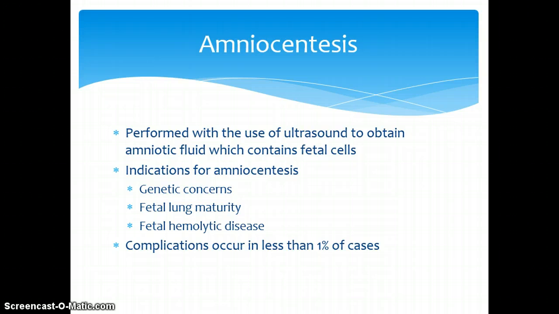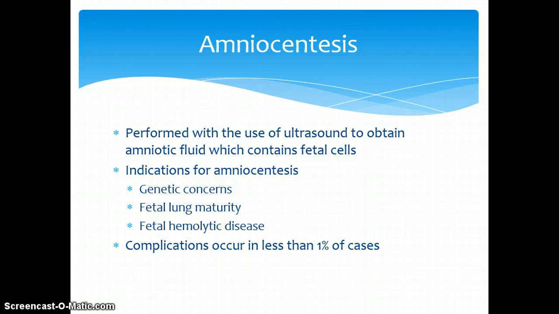An amniocentesis is performed with the use of ultrasound to obtain amniotic fluid which contains fetal cells. Amniocentesis can be done for genetic concerns, especially if done in the first trimester.